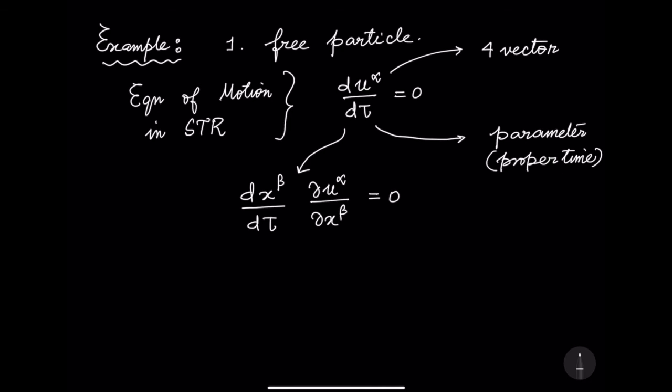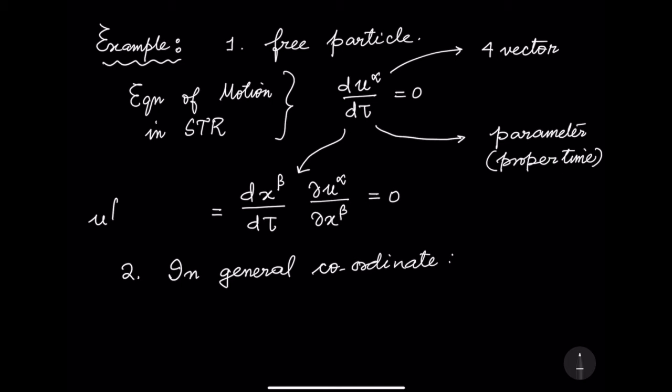So this is already Newton's first law essentially written in the covariant form. How do I write it in general coordinates? Very simple. Let me write it in a different form.